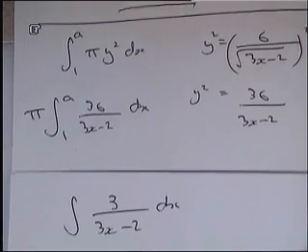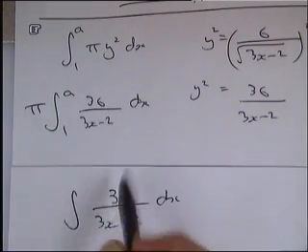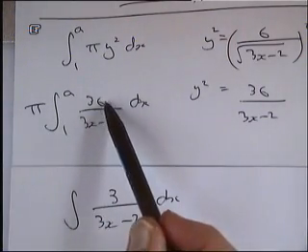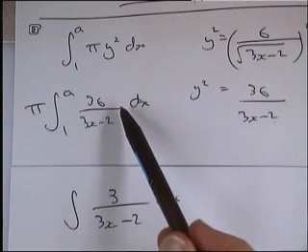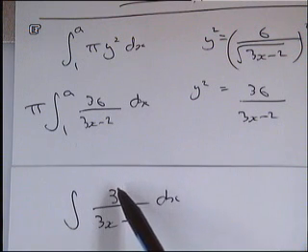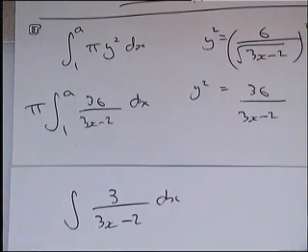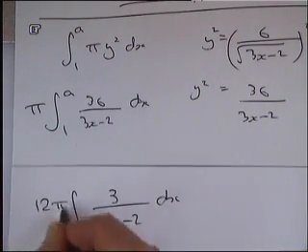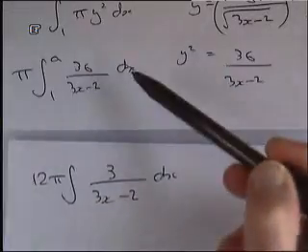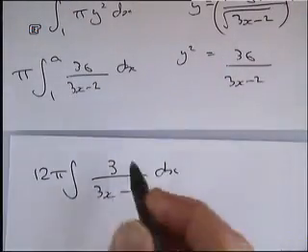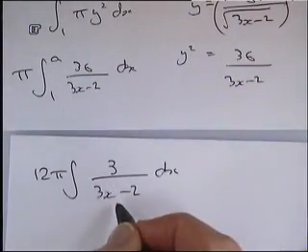Now if I put a 3 there, I've just divided this whole thing by 12. It was 36 and now it's 3. To make up for that dividing by 12, I need to times by 12, and I can do that outside of my integral sign. These two integrals are equal, and the top now is the derivative of the bottom.